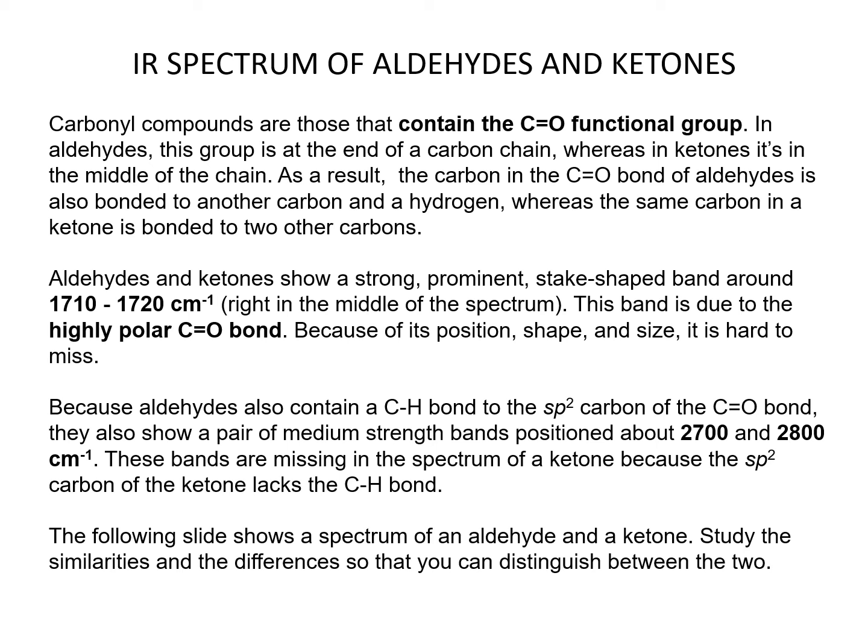However, aldehydes and ketones are different in their structure because the carbonyl carbon in ketones is in the middle, whereas the carbonyl carbon in aldehydes is terminal. Therefore, ketones lack the CH bond, which occurs in aldehydes. That's why aldehydes have an additional peak that appears between 2700 to 2800 in their spectrum.